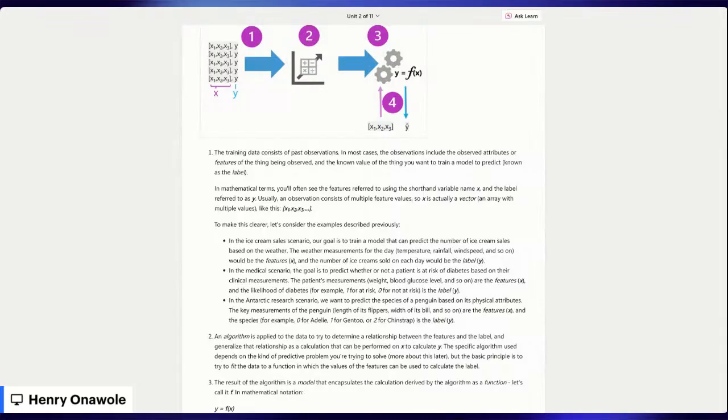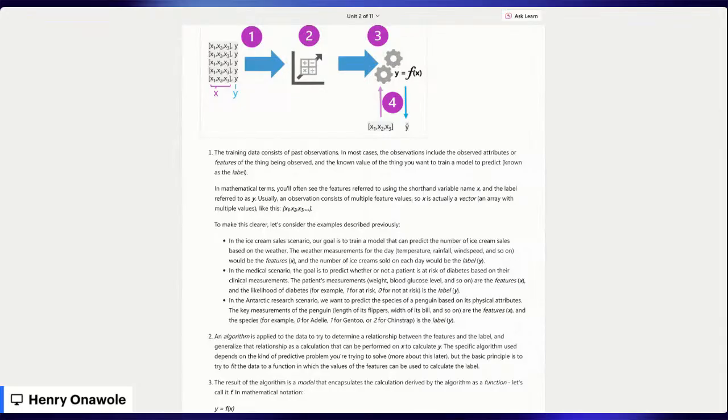To make this cleaner, let's consider the example described previously. In the ice cream sales scenario, our goal is to train a model that can predict the number of ice cream sales based on the weather. The weather measurement of the day is temperature. You see, that is exactly what I was saying.